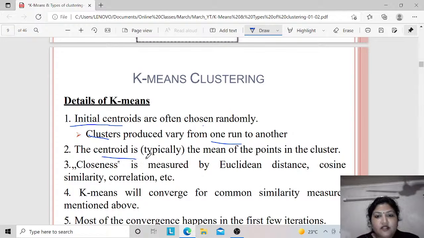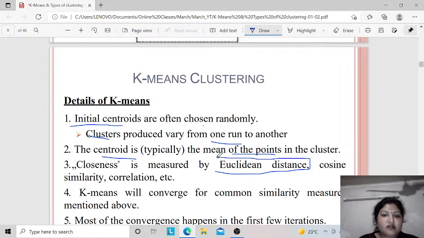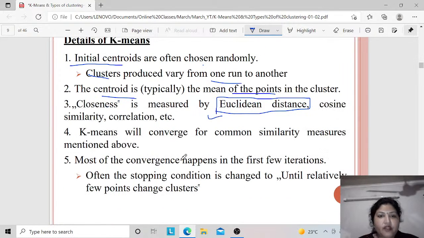The centroid is typically the mean of the points. We will be using the Euclidean distance method for calculating the distance, which is a very important method for checking closeness, or the distance between two data points. K-means will converge for common similarity measures mentioned above.